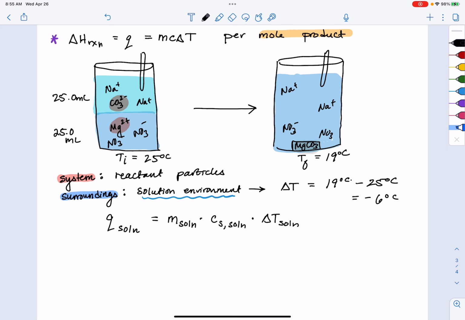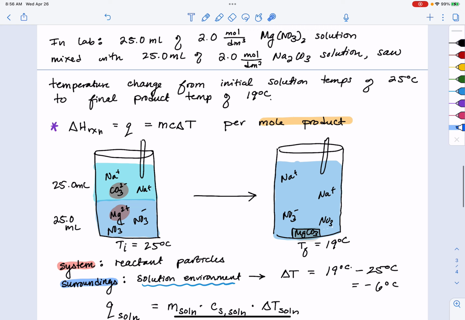Now, if I wanted to be really technical and technically correct, I would need to figure out the mass of the solution by looking at the masses of each of my reactant solutions and use their relative densities to get my masses from their volumes. But if you'll notice, in all this information I gave you, I told you volumes and I gave you concentrations, but I didn't give you any kind of density.